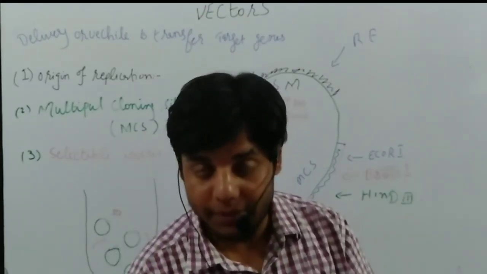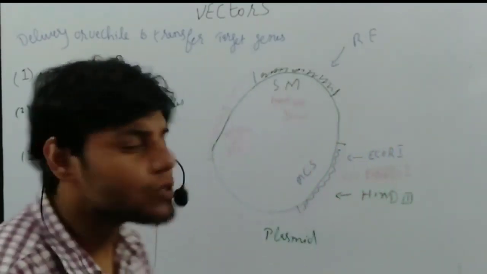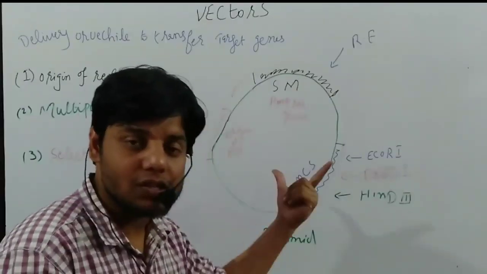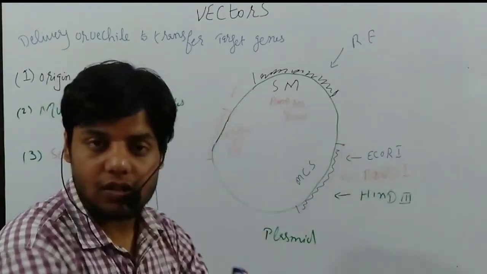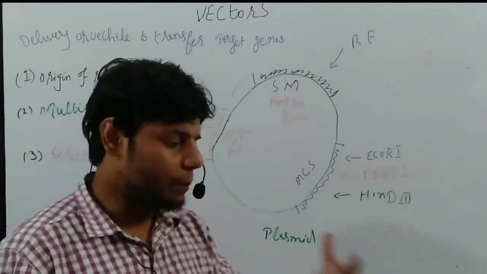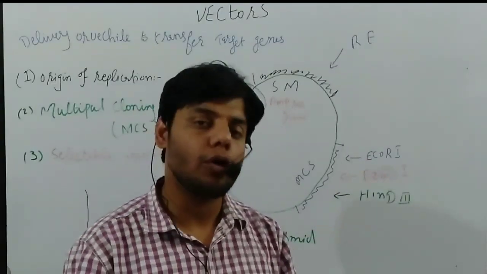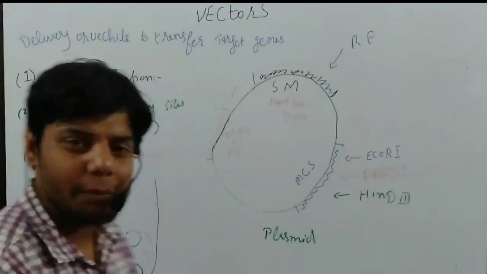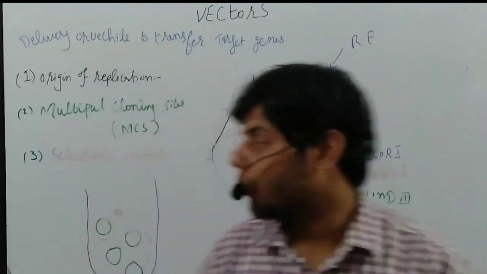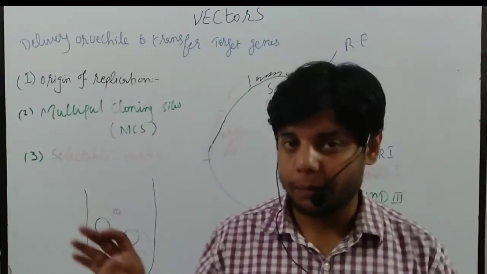Such bacteria will not grow because they don't carry the antibiotic resistance gene. So this is another problem that usually happens during recombinant DNA work or molecular cloning. These are the main problems in molecular cloning.